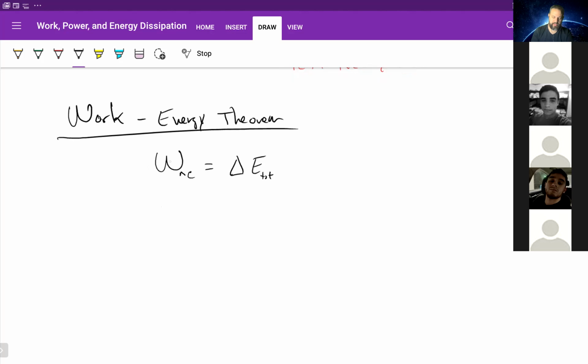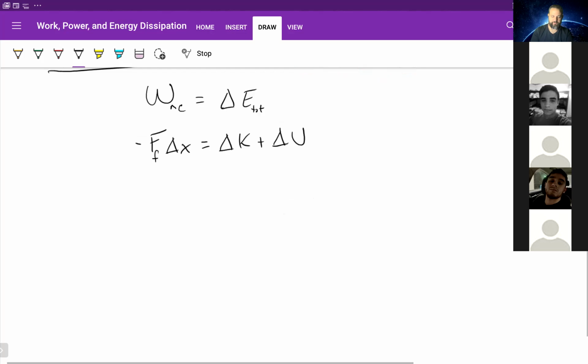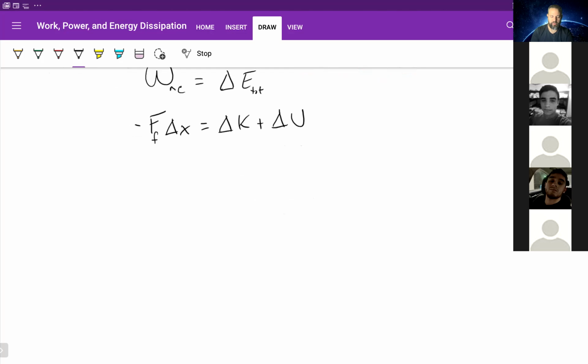Here we found an equation for this. It's going to be negative F sub F delta X is equal to delta K plus delta U. Okay. Another way that you can write this is just to use a lowercase f. So you can also write it just like this, and people will understand that that's friction.